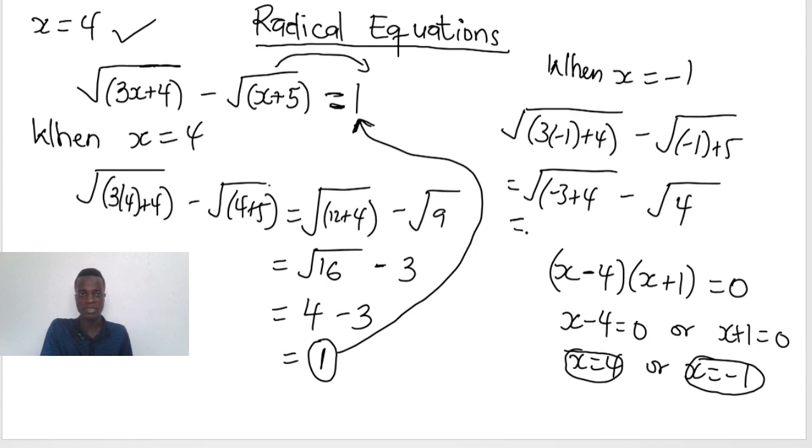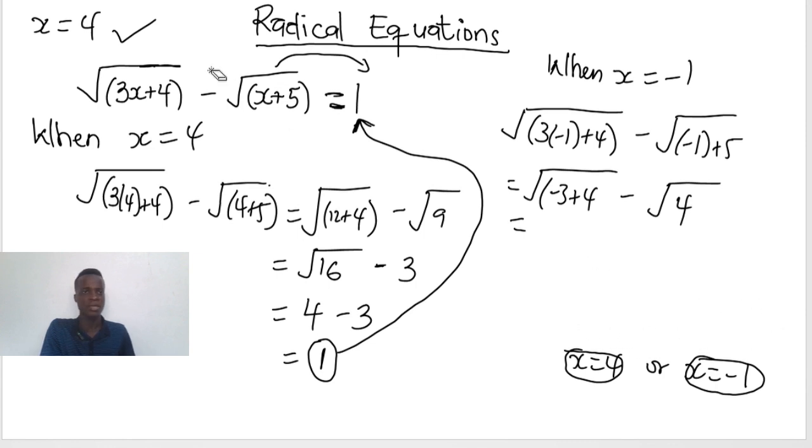If we do that, let me clear the bottom here so you can clearly see what we are doing. Negative 3 plus 4 will give us 1 here, minus square root of 4. Square root of 1 is 1, minus square root of 4 is 2.